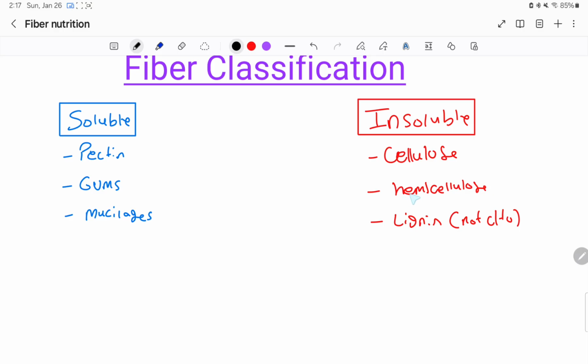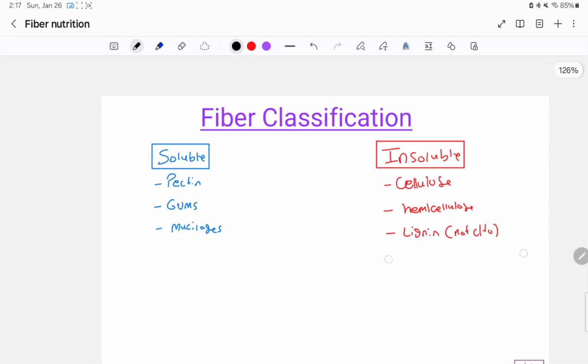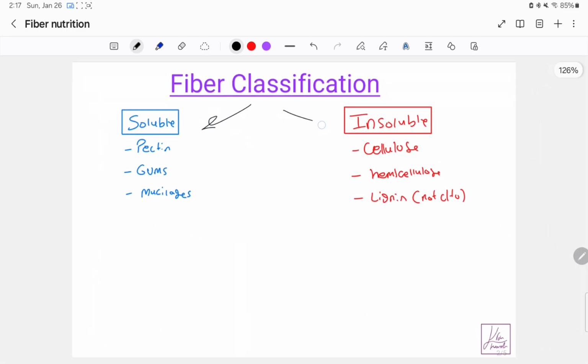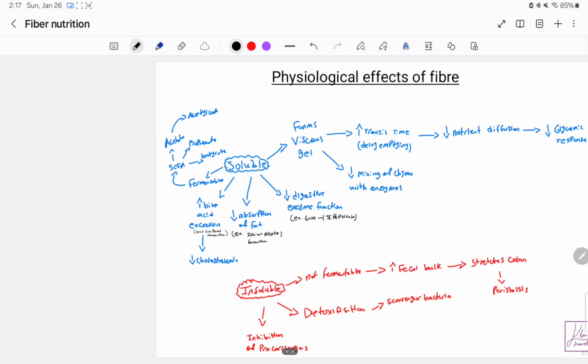Something important about hemicellulose is that sometimes it can be classified as soluble, but hemicellulose is such a heterogeneous molecule that sometimes the things it is made up of may make it insoluble, and other times it may make it soluble. So just remember that about hemicellulose. That's another classification, soluble and insoluble.